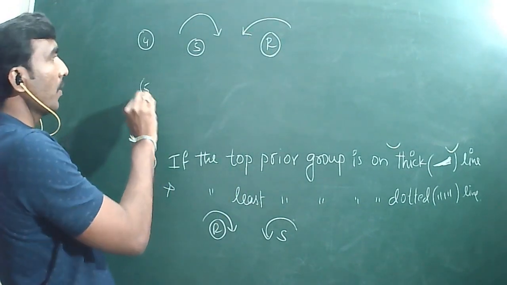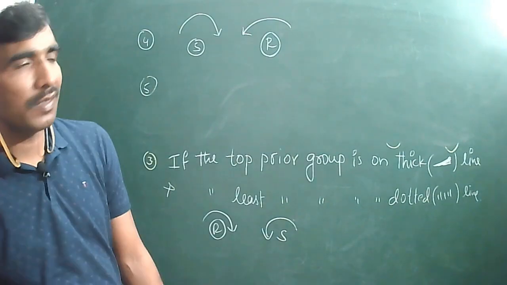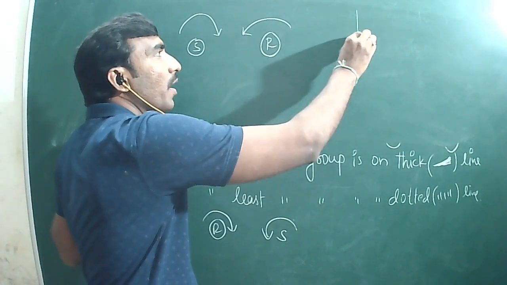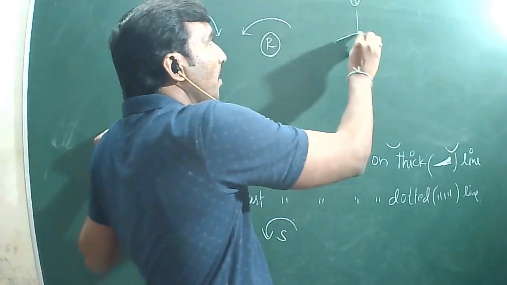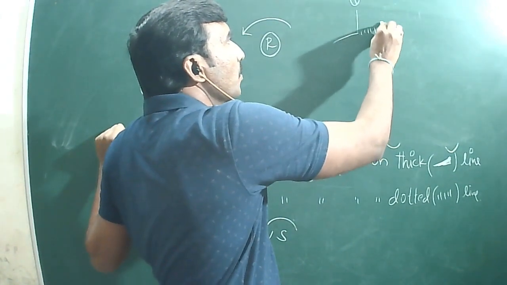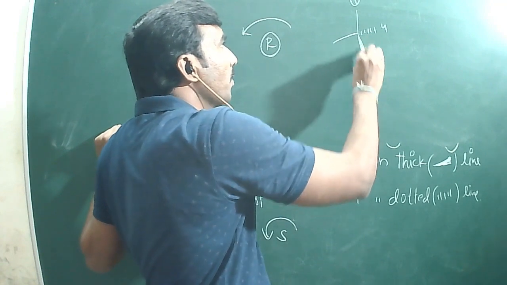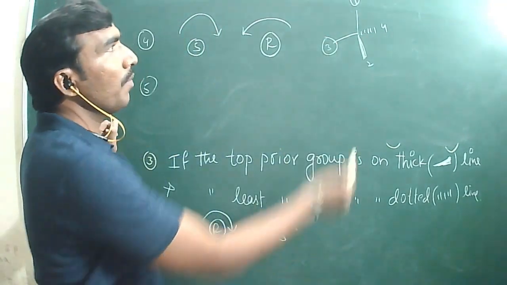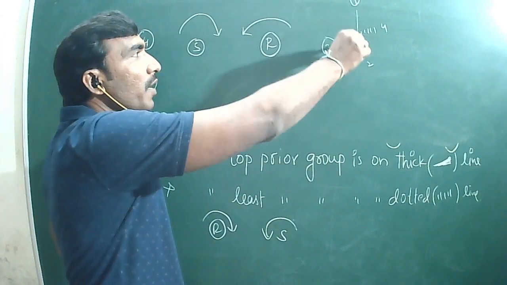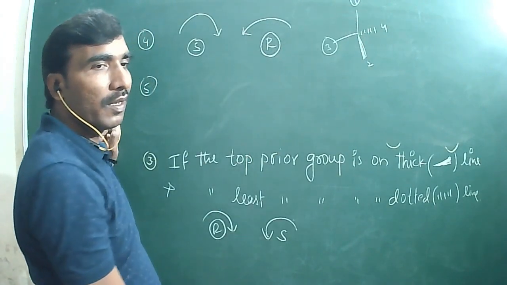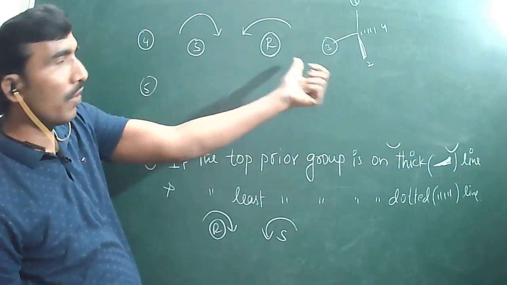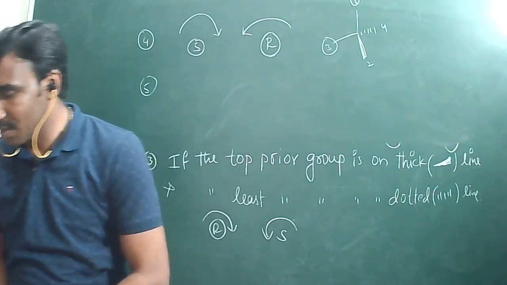And the fifth one, other than this, means the top priority group is on a simple normal line like this, here 1 and here 4 and here 2 and here 3. Here the top priority group is on an improper line, a simple bond. Then also same. First you copy this fourth one. Do you understand what is the fourth one?